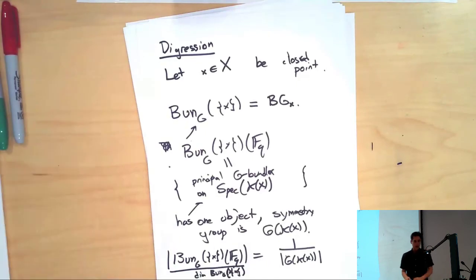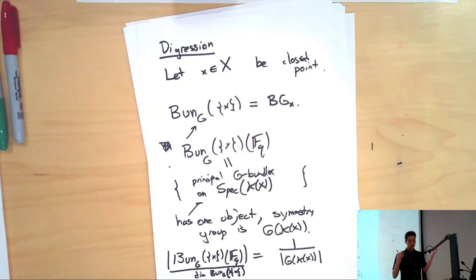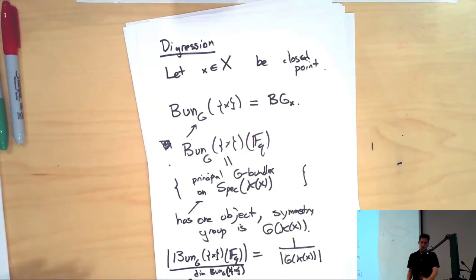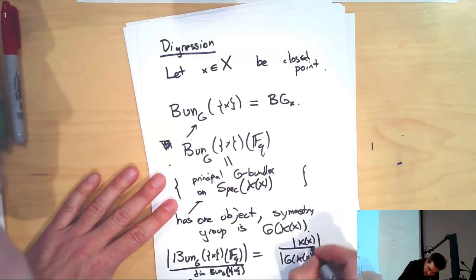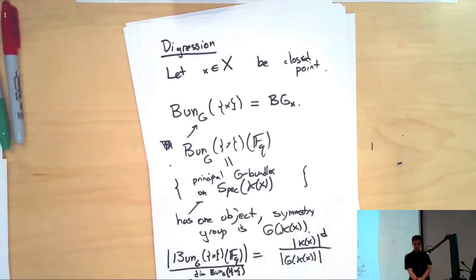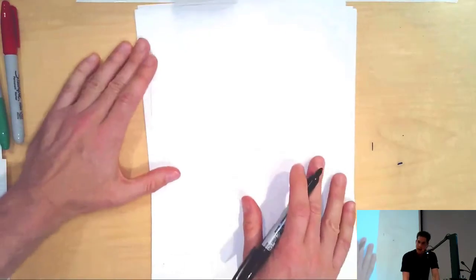Well, that dimension is just the degree of the point x times minus the dimension of the group G itself. So actually dividing by this power of q amounts to putting something in the numerator, which is the size of kappa x raised to the power d. So these are the local factors that appear in the mass formula formulation of Weil's conjecture.